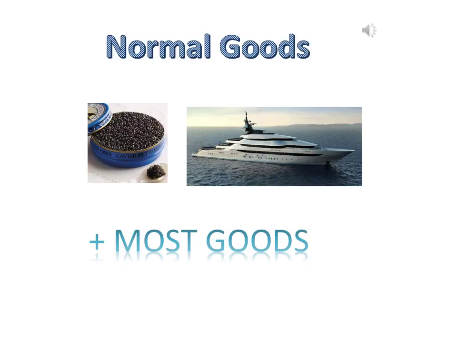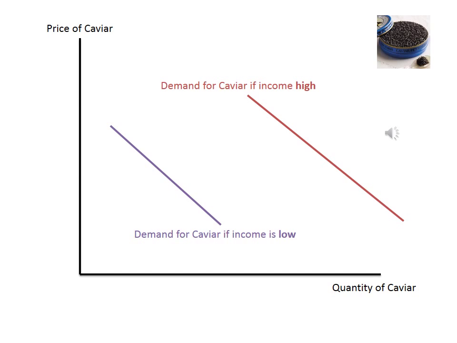And it kind of has to be that way because as you get richer, you're going to be buying more of most things on average. With normal goods, you have a greater demand the richer you are. So if we increase income, we would shift to the right, or increase the demand, for caviar if caviar is indeed a normal good.